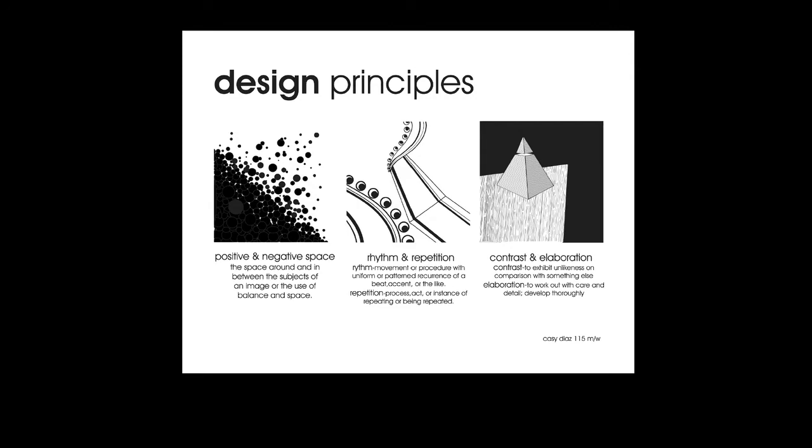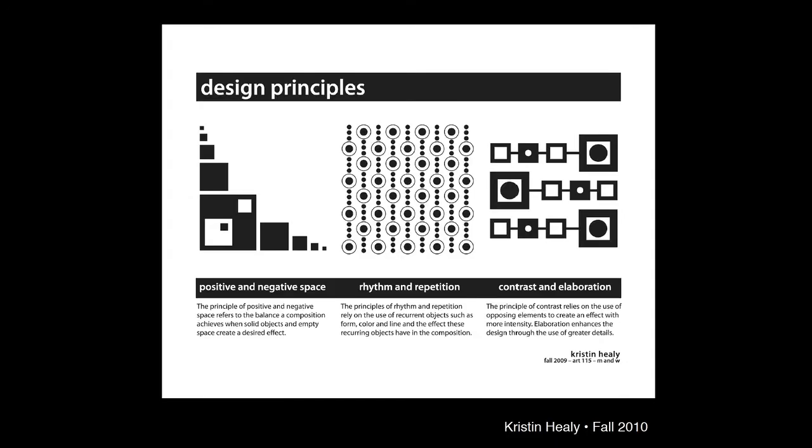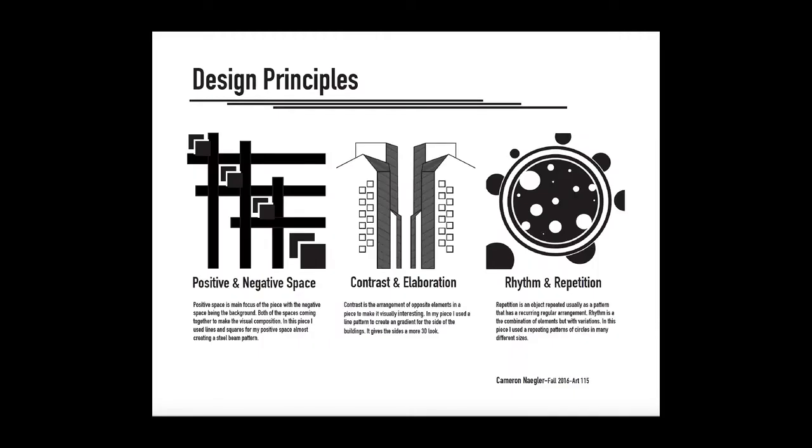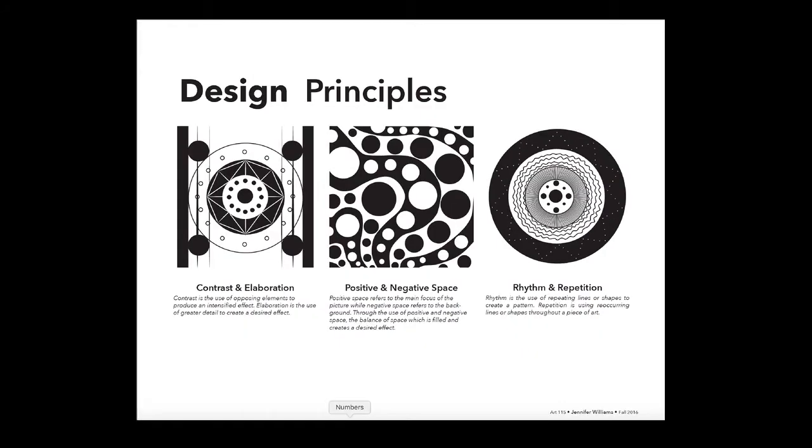Space is used in each of these compositions. The artist is showing us a sense of space in order to make it a cohesive set. Another example. Another example here. Another example here.